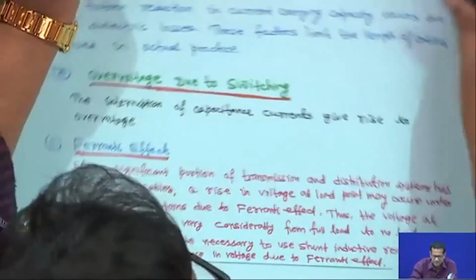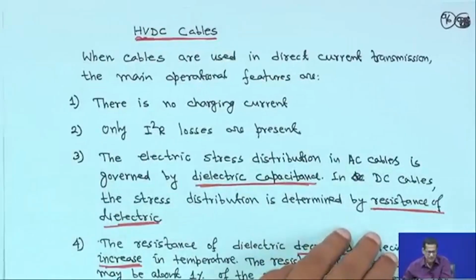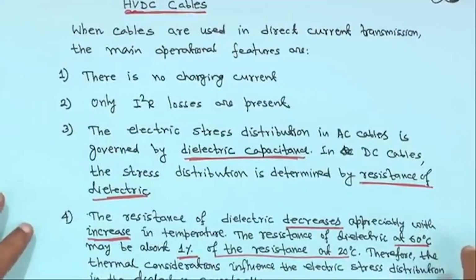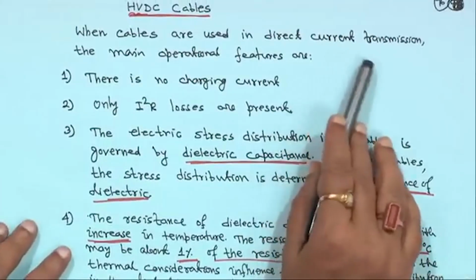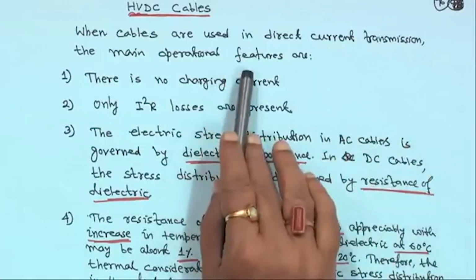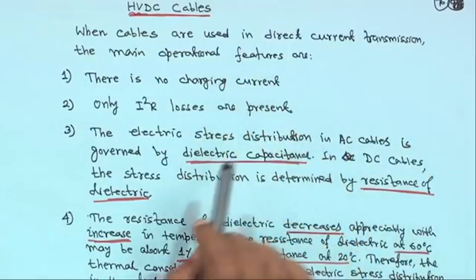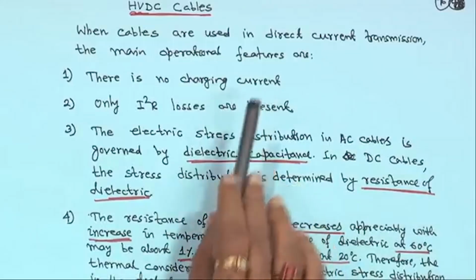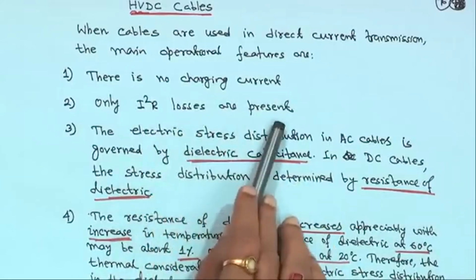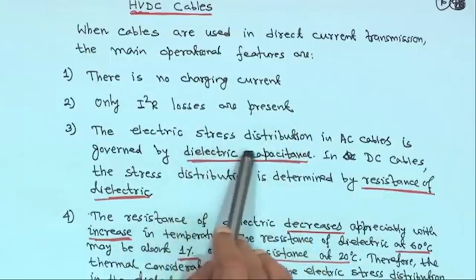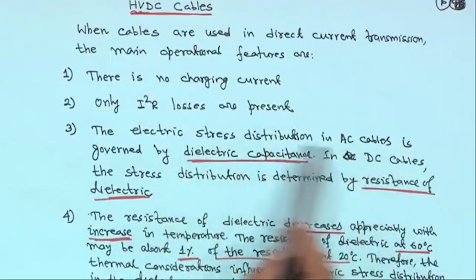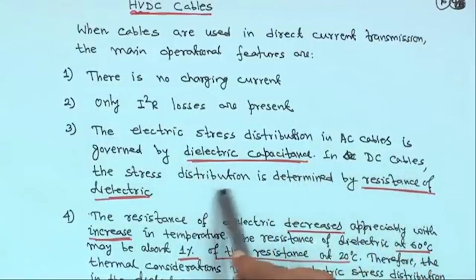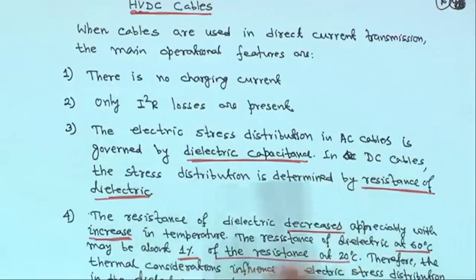Next is some brief outline regarding HVDC cables, right. Now, when cables are used in direct current transmission, the main operational features are, for HVDC cable, high voltage DC cable, there is no charging current because this is DC, only I square R losses are present. The electric stress distribution in AC cables is governed by dielectric capacitance. In DC cables, the stress distribution is determined by resistance of dielectric, right.